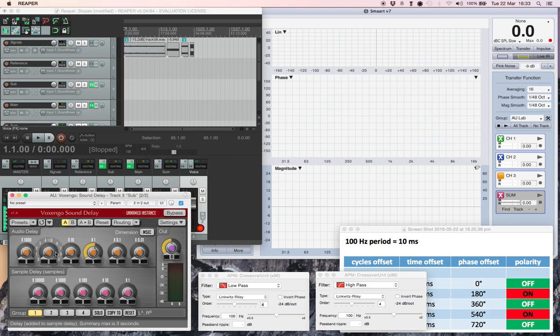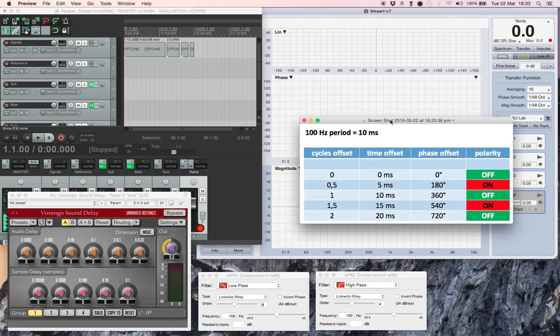Over here we have delay, which is currently set to the subwoofer channel, and these are our crossover filters in the bottom of the screen that I've used to make a textbook crossover at 100 Hertz.